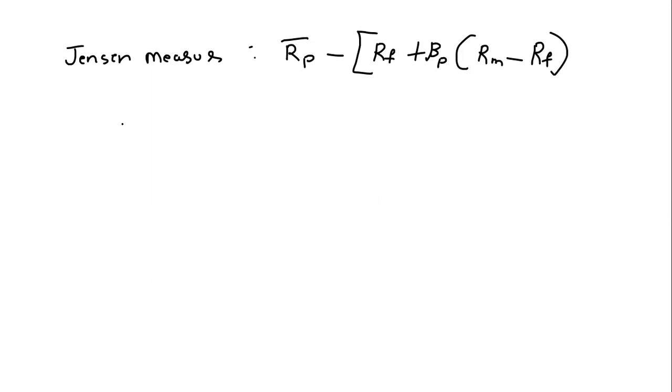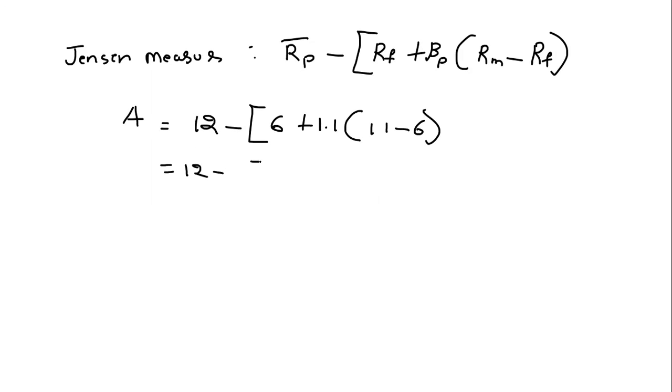So for fund A, the return is 12 given in the problem, minus the bracket RF, risk-free is 6, plus beta is 1.1 and RM market return is 11 and risk-free is 6. So we get 12 minus 6 plus 1.1 into 5.